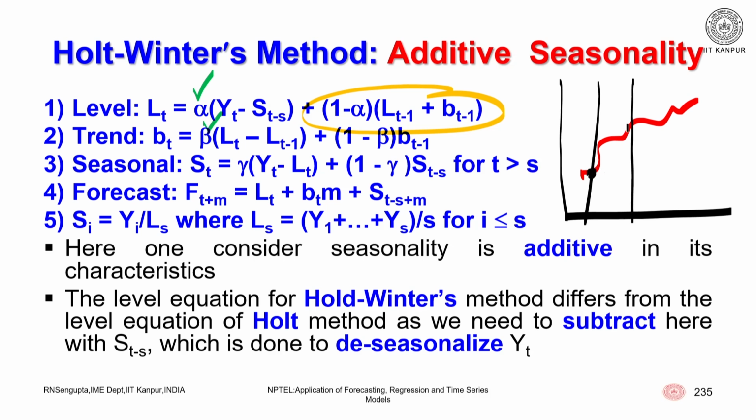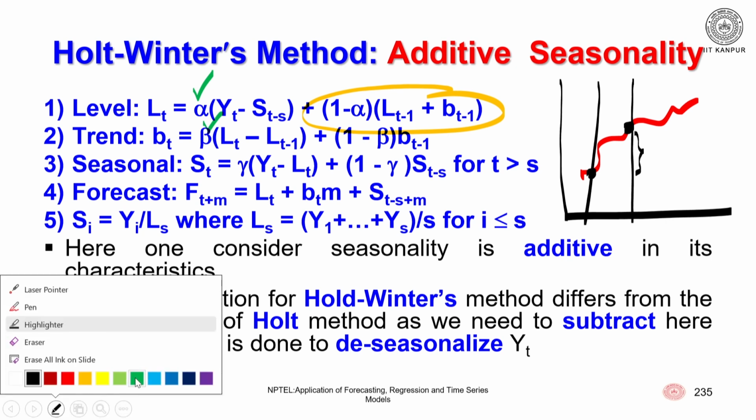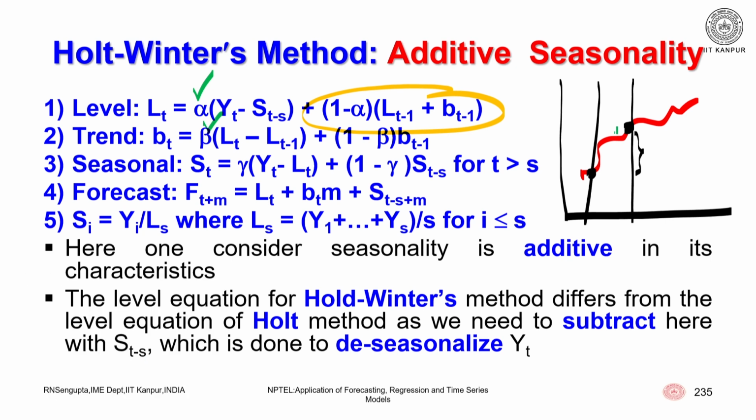So, these are the two levels, and the difference between them would be here, multiplied by the weightage I want to give. And B_{t-1} is the so-called trend, or the tangent at that point. So the tangent, if I use the green line, would be this, the tangent at this point t minus 1.